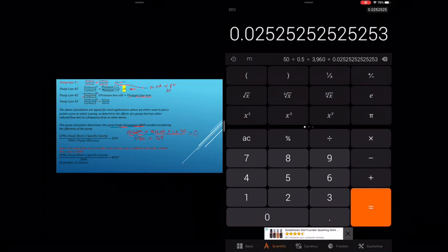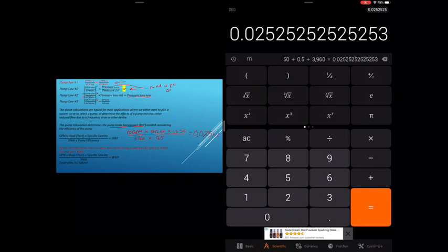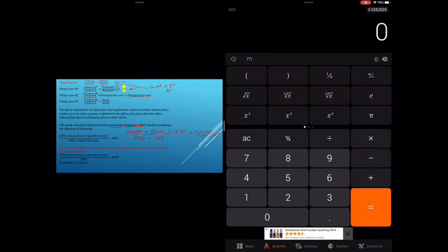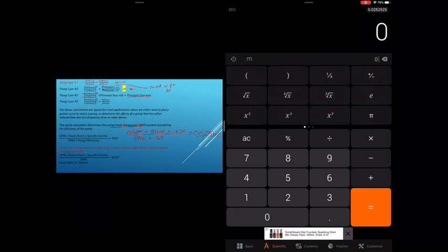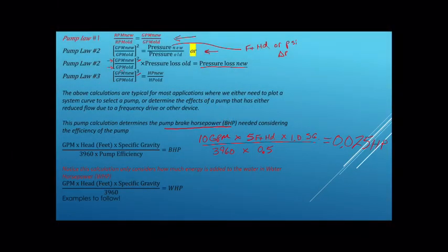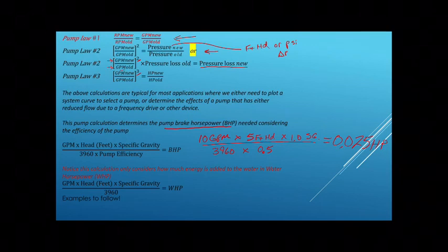So we'll find that to do that work, we really only need 0.025 horsepower, or brake horsepower, we'll say. Very, very tiny amount that we will need to do that kind of work. In a larger system, it would be more appropriate to be doing that. In the small systems, we don't really worry a whole lot about it, just because it's too minimal, too small.